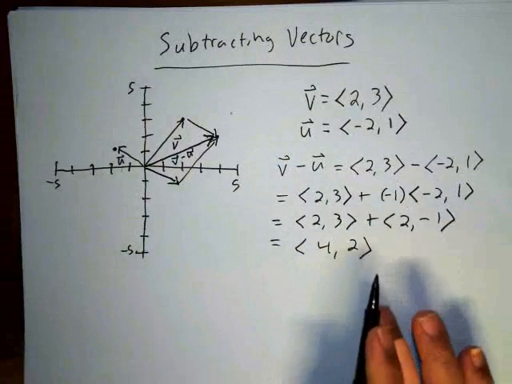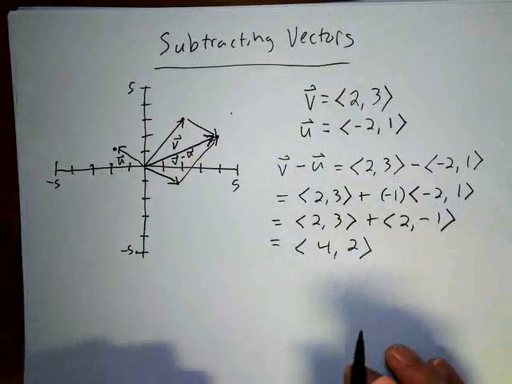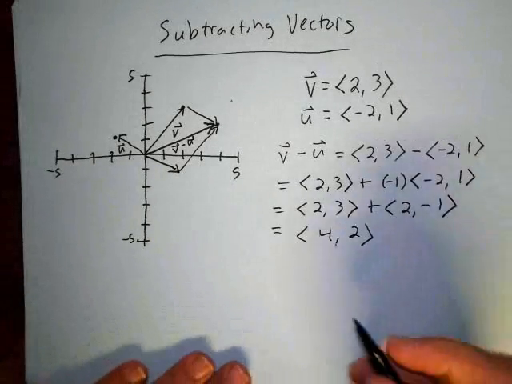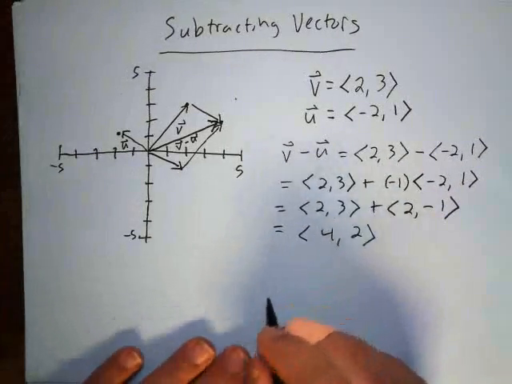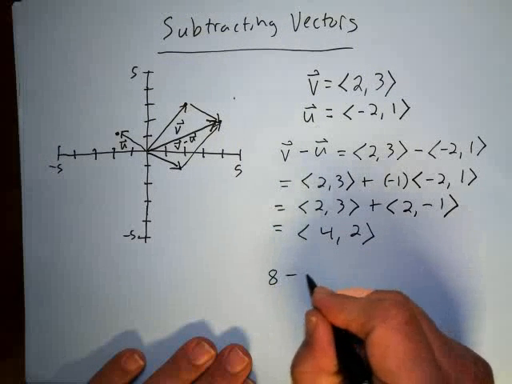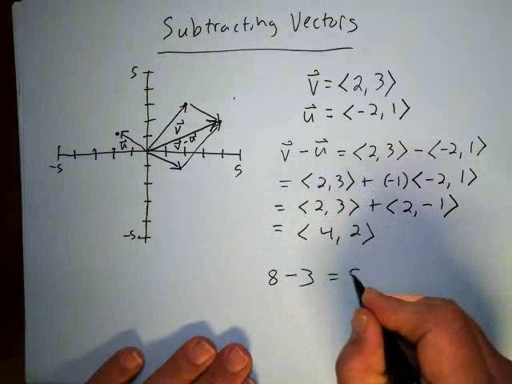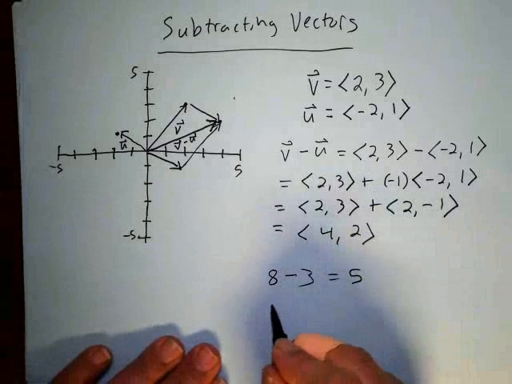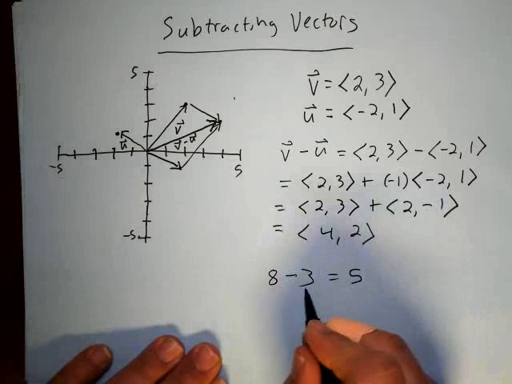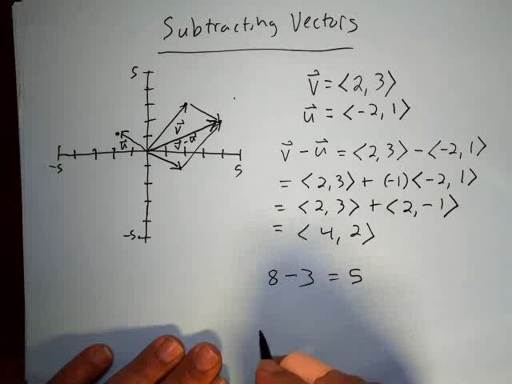Okay, so that's one way of thinking about this, but let's think for a second about what real subtraction is. If I have something like 8 minus 3, and that's equal to 5, what that really means is 5 is the number that I add to 3 to give me 8.